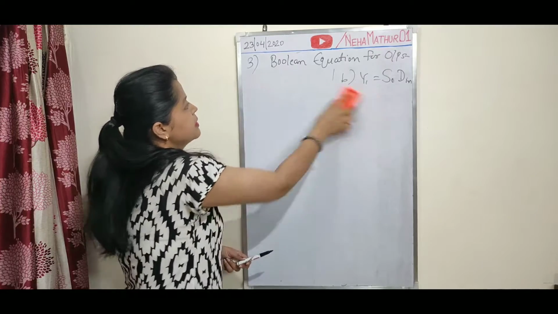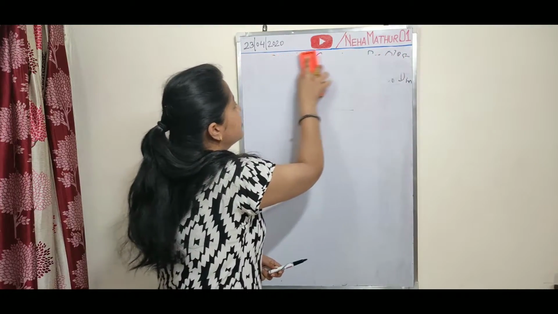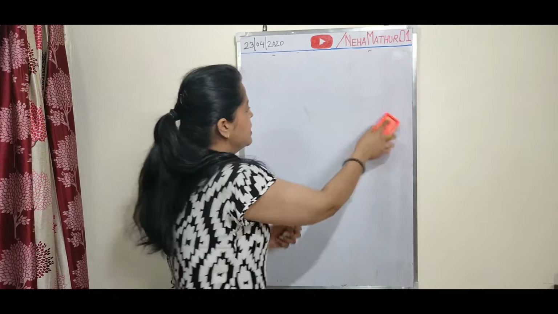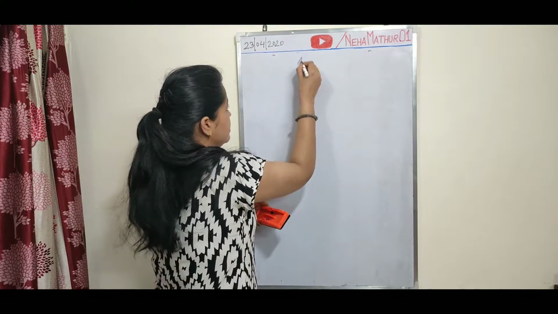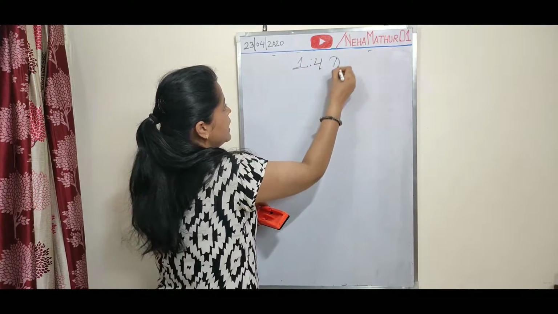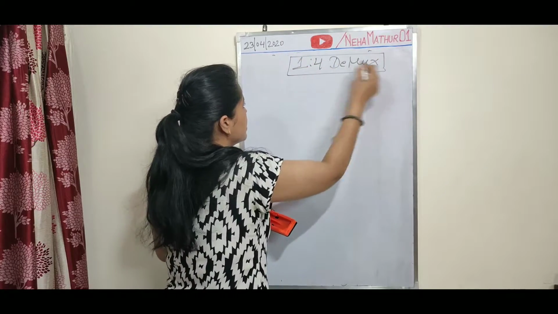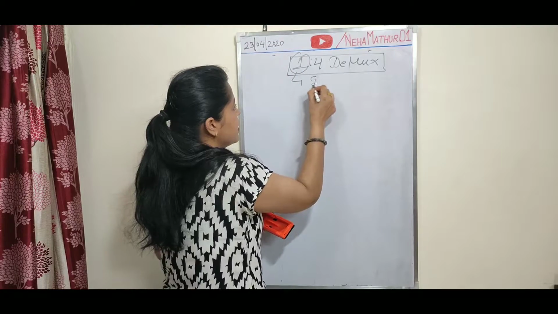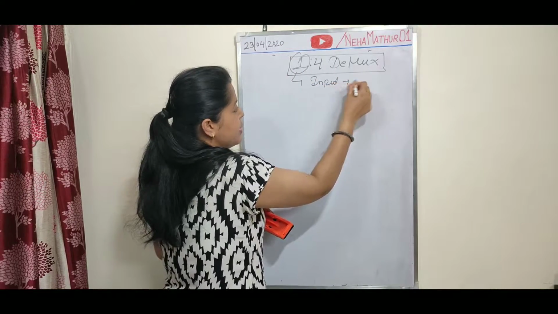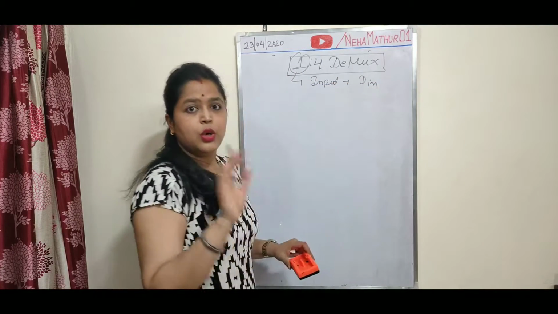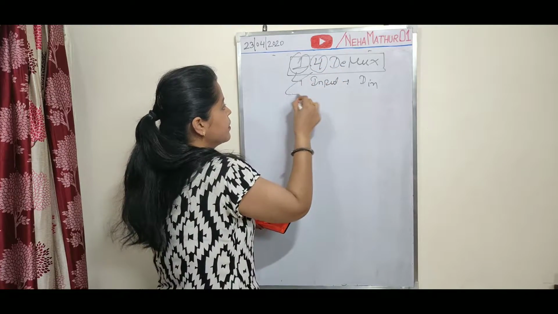1:4 demultiplexer. 1:4, that means 1:4 demux. That means a type of demux in which you have single input represented by Din, 4 outputs.